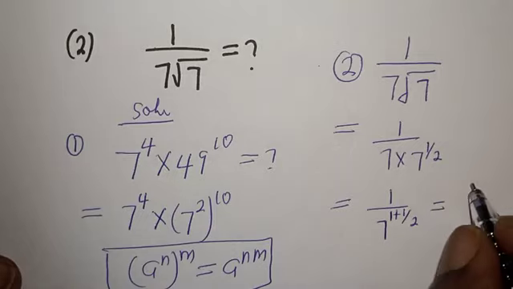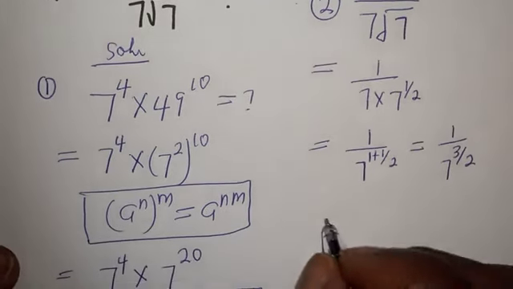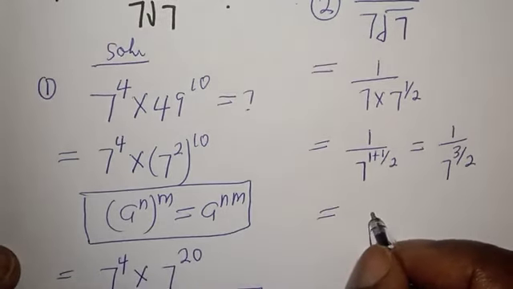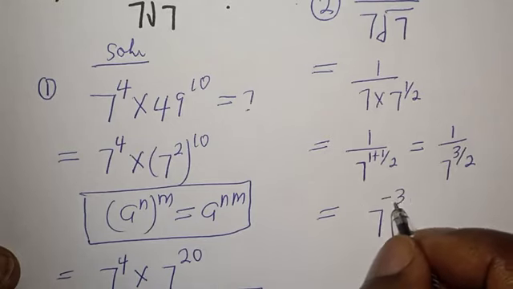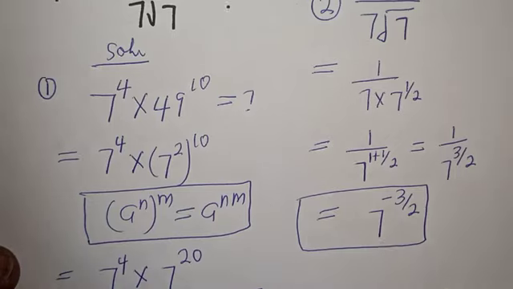This is equal to 1 over 7 raised to power 3 over 2, and this is equal to 7 raised to power minus 3 over 2. So this is the final answer.